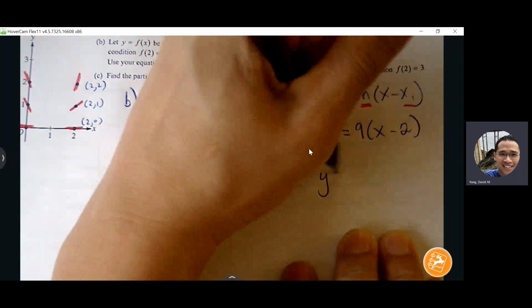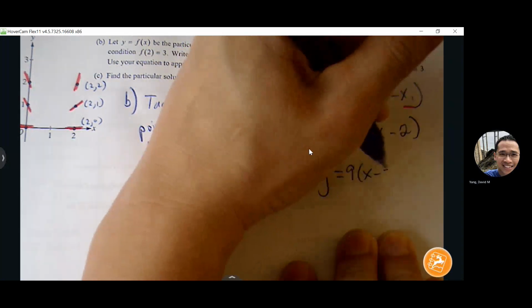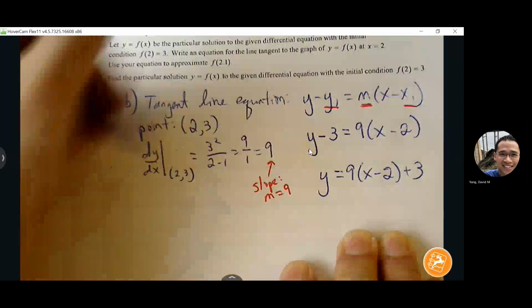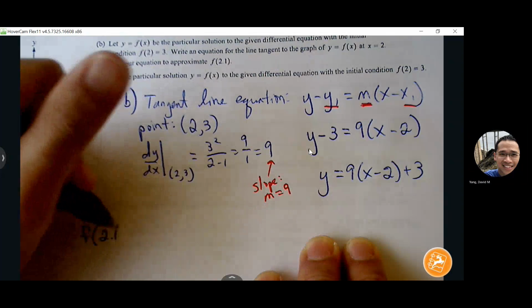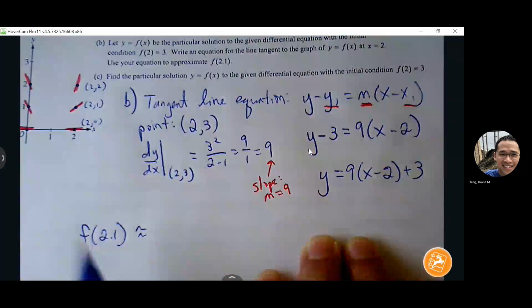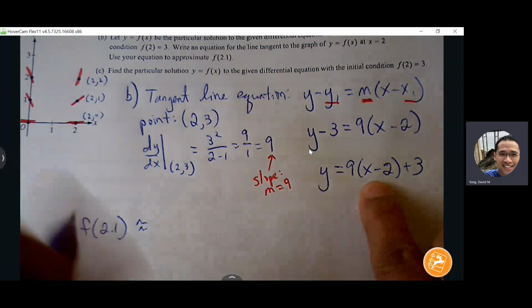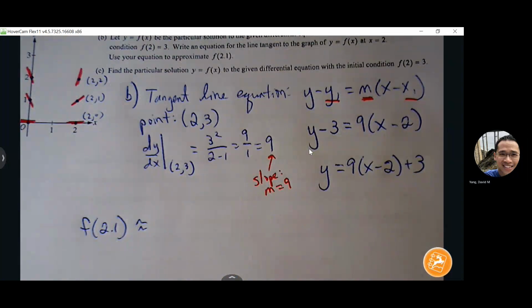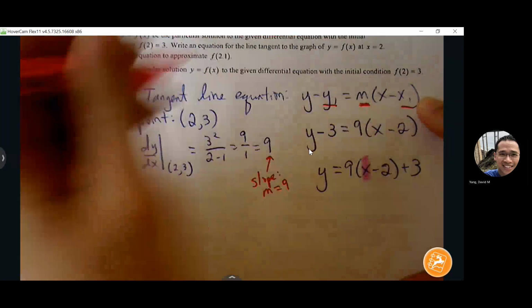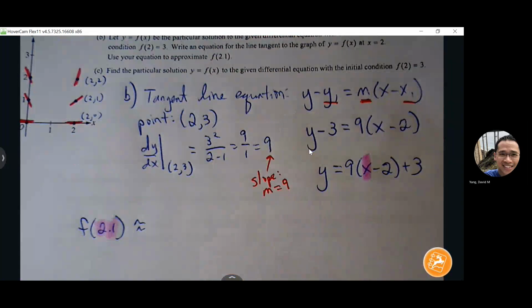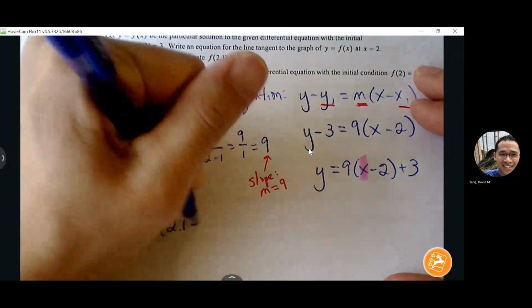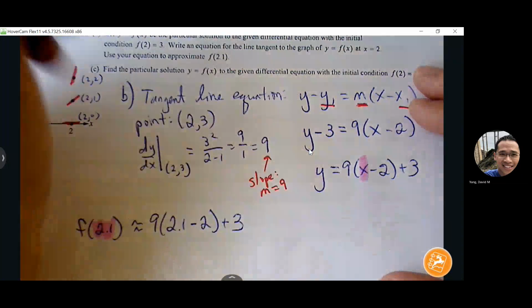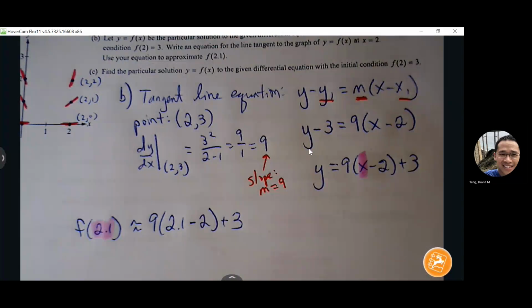So I'll say that y is equal to f of 2.1. So just insert 2.1 in for x. This is actually a non-calculator question.